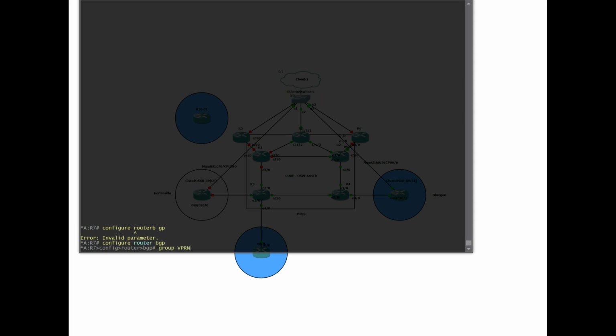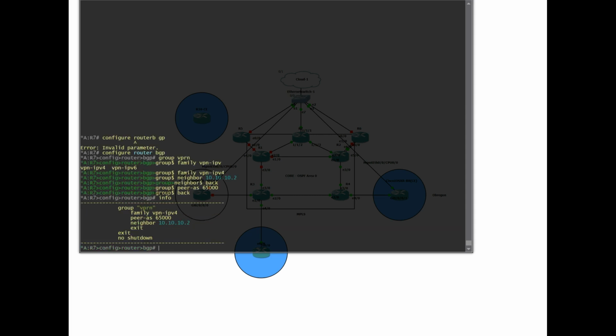Okay. This could be our VPRN group. And it's iBGP, so we do not have to specify that it's a cluster. You just set the neighbor. That looks about right.